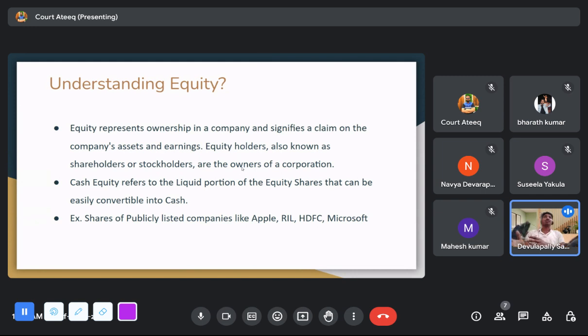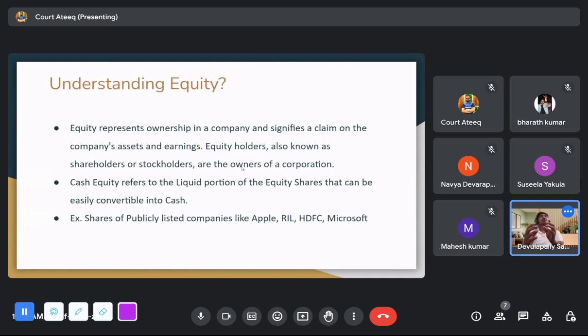But when it comes to equity, like a share of a company in public markets, for example a share of HDFC Bank, we can easily buy those shares, and if we want to exit the company, we can easily sell the shares in the market and get our money back in cash. That is what cash equity refers to.